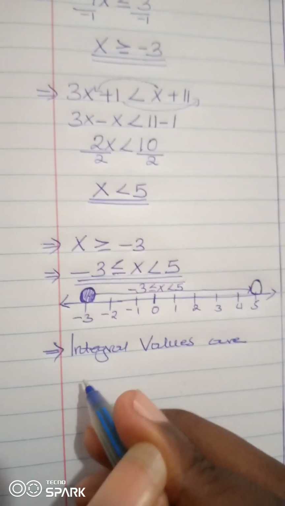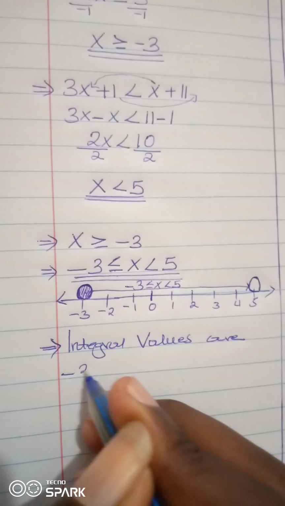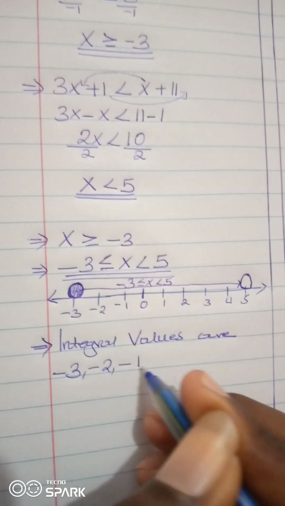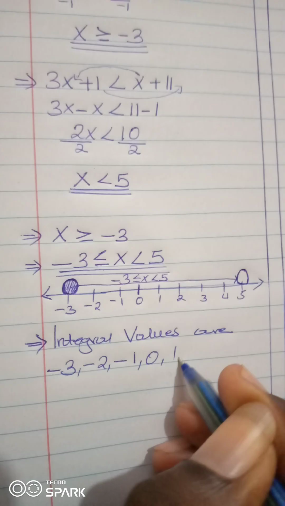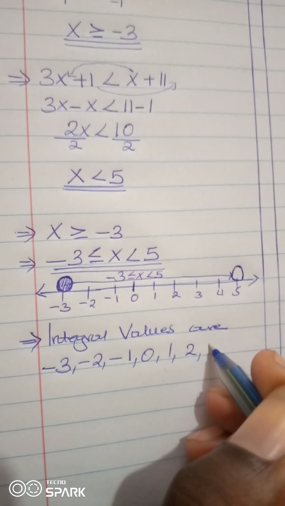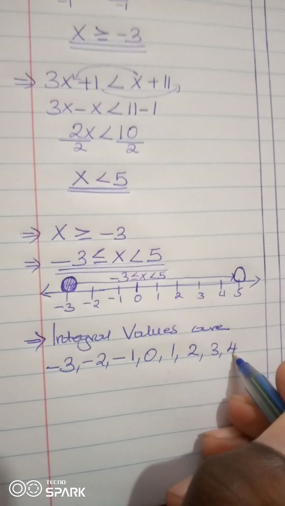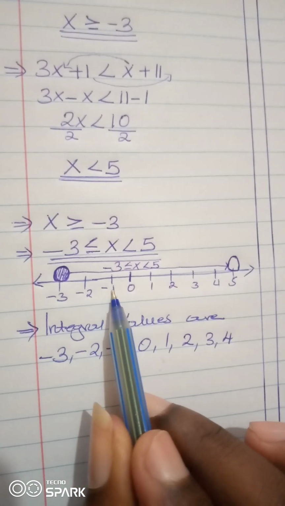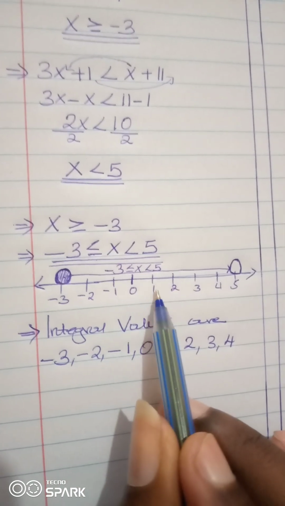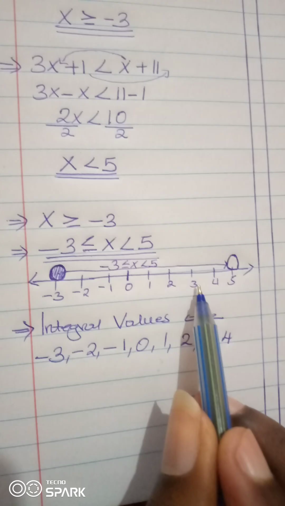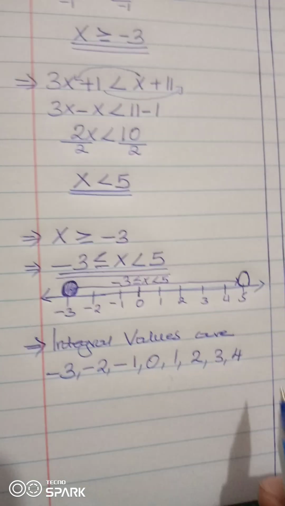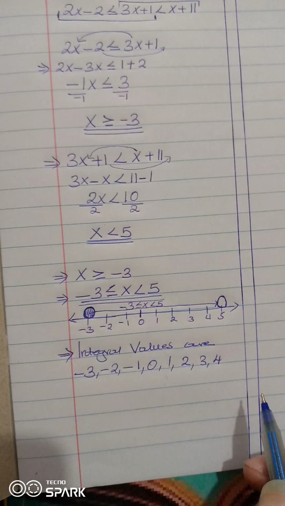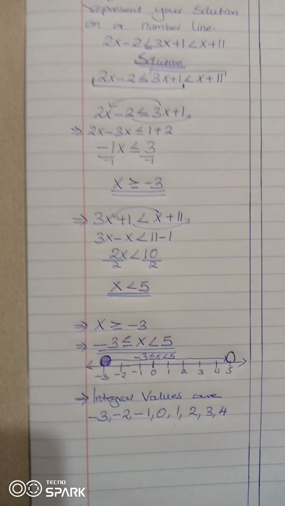Therefore, our integral values are negative 3, negative 2, negative 1, 0, 1, 2, 3, and 4. 5 is not part of the values of x or the integral values.